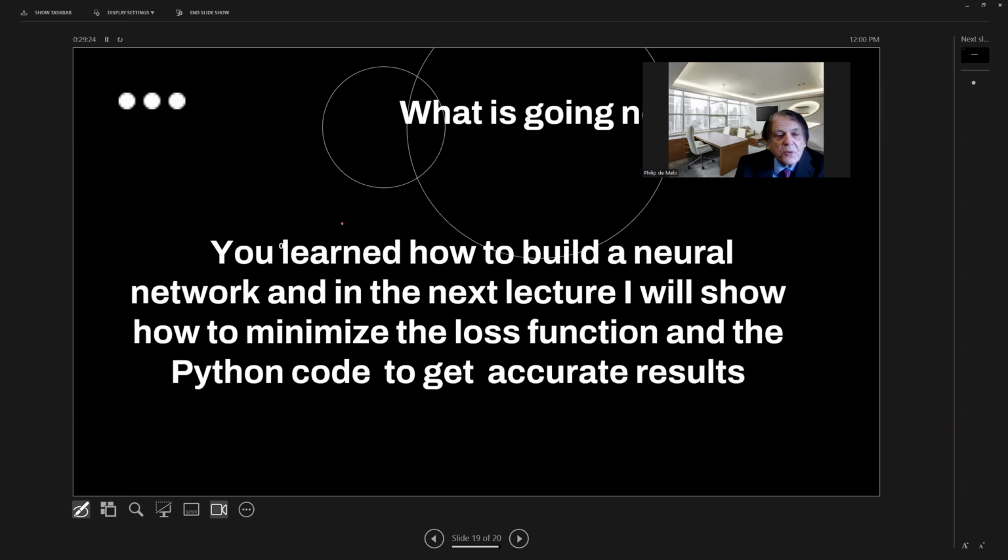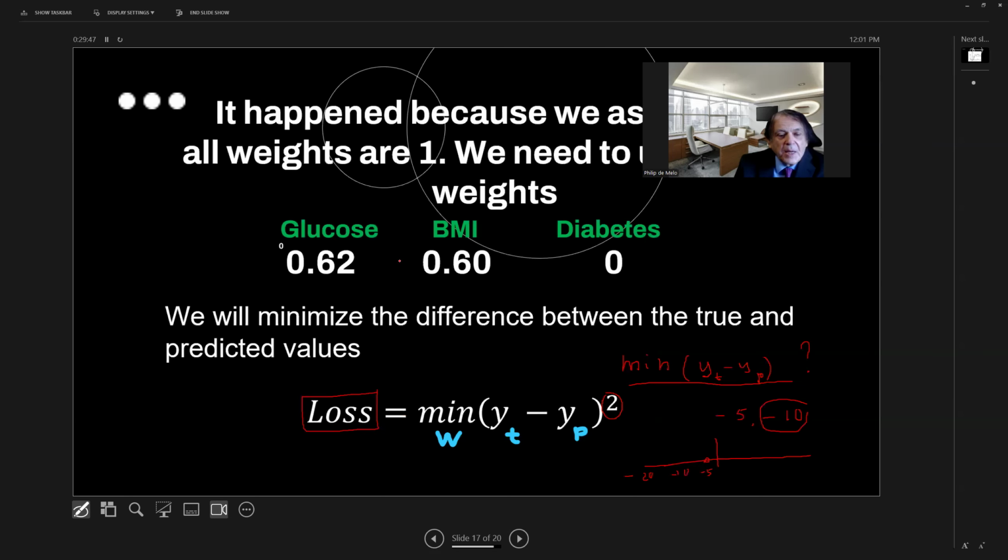What I will show you in the next lecture is how we can do this approximation in the most optimal way, so that the predicted value becomes closer to the true value. Our goal is to build an algorithm that will minimize the loss.